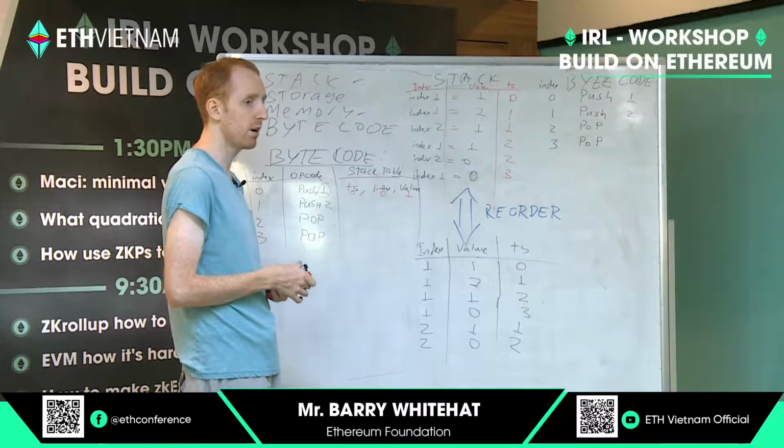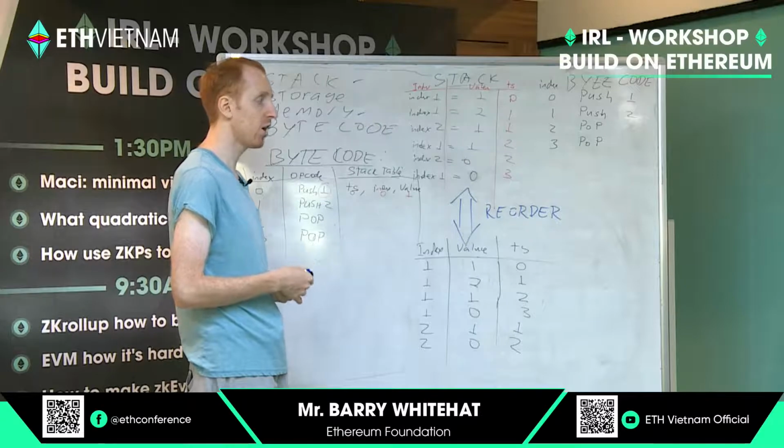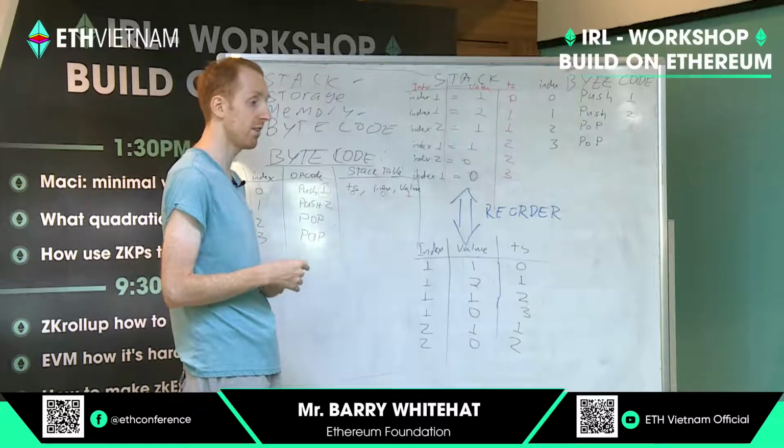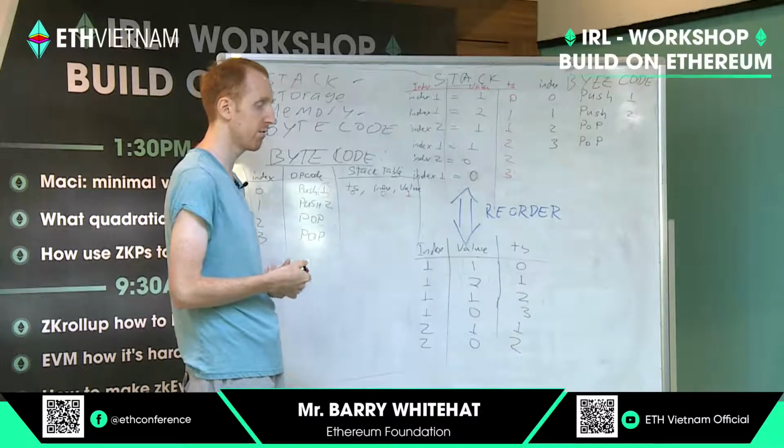One benefit of using the EVM as the virtual machine is that you inherit, you copy across all of the security guarantees of the EVM, or the security patterns that are used there. Changing the EVM could result in patterns that are different.